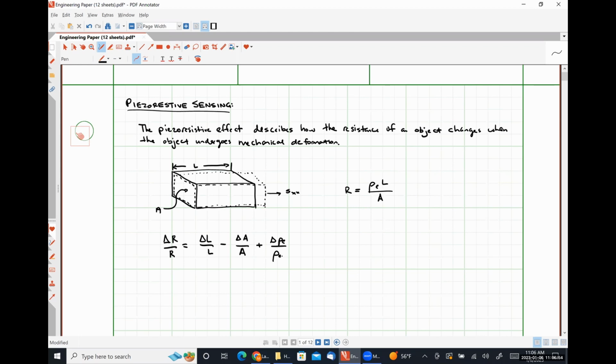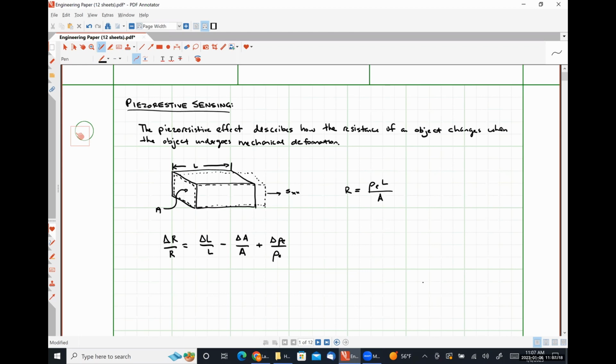So this change in resistivity occurs because the resistivity of a material is dependent on its internal atomic structure. And when we deform a crystalline structure, we're stretching out those atomic bonds slightly and things like that, causing a change in the overall resistivity.